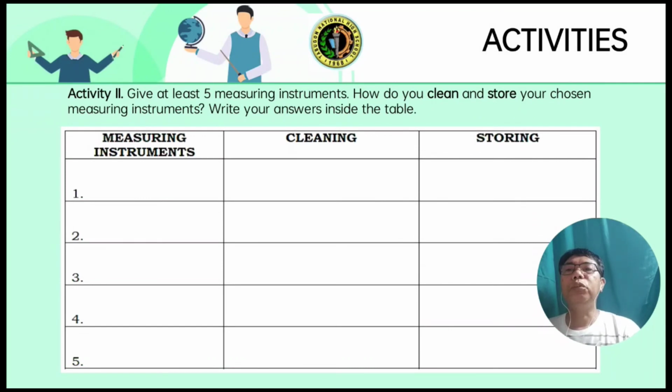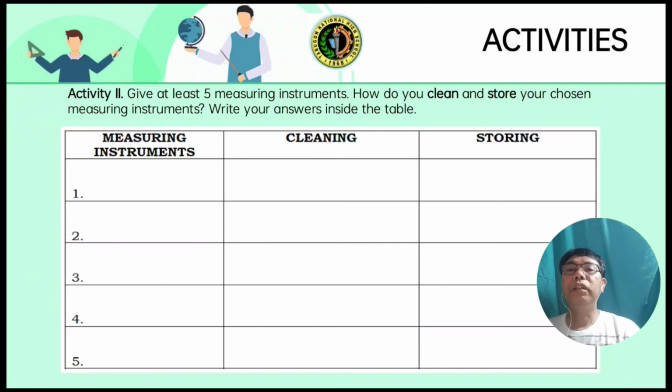Next, activity number 2. Give at least 5 measuring instruments. How do you clean and store your chosen measuring instruments? Write your answer inside the table. So we have here first column, measuring instrument. You have to choose measuring instruments 1, 2, 3, 4, 5 and write. Then in the second column, you write how you clean.